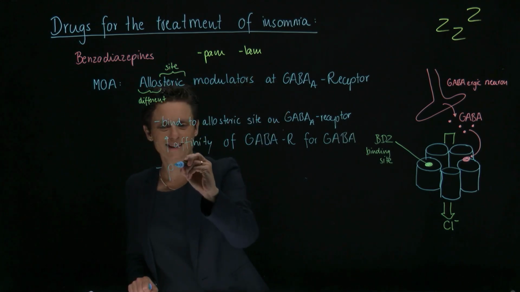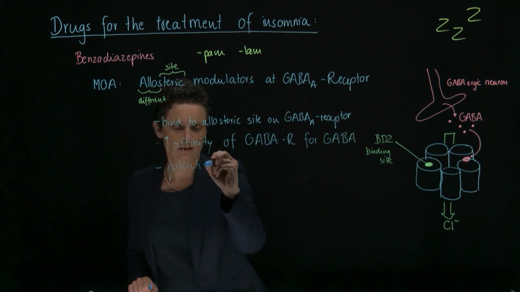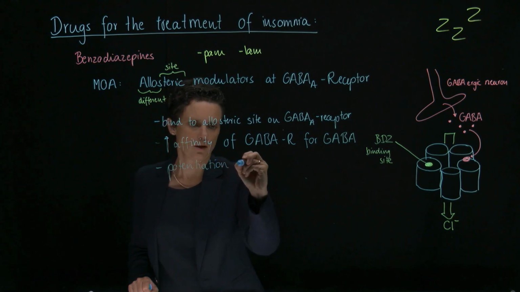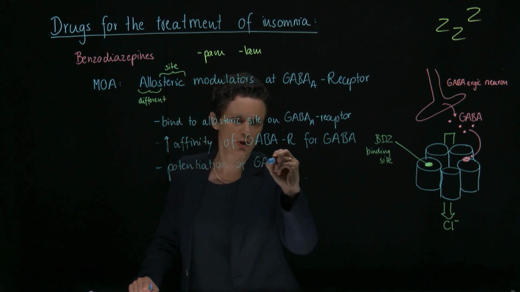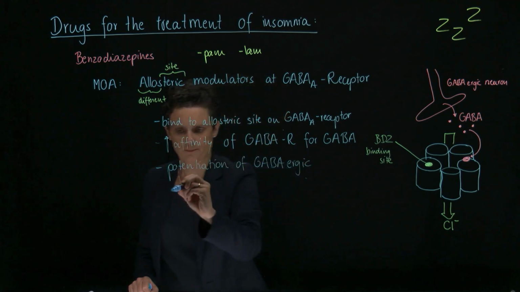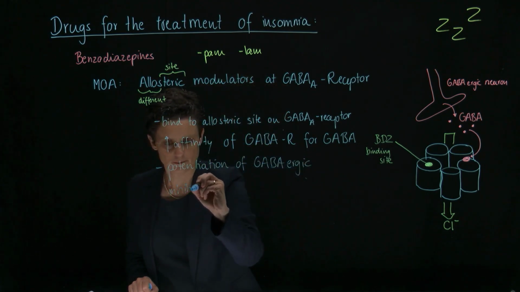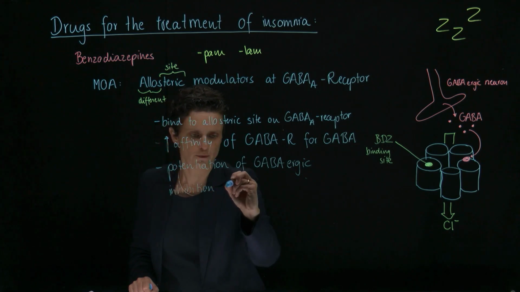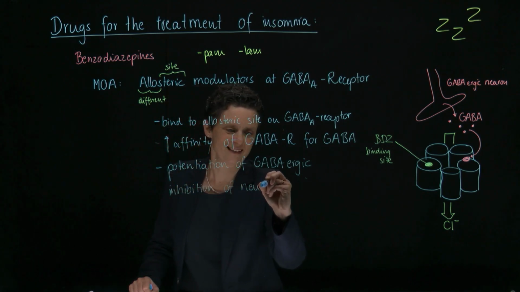And then we get a potentiation of GABAergic inhibition of neuronal activity.